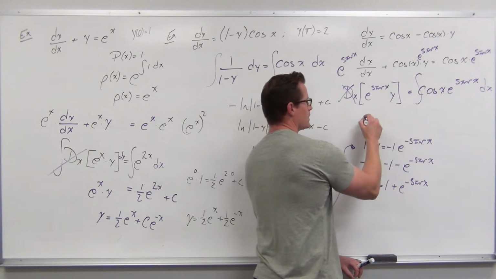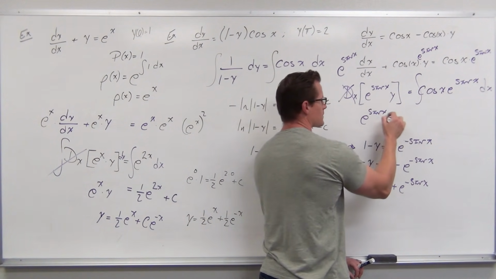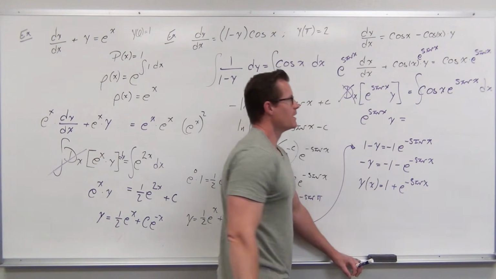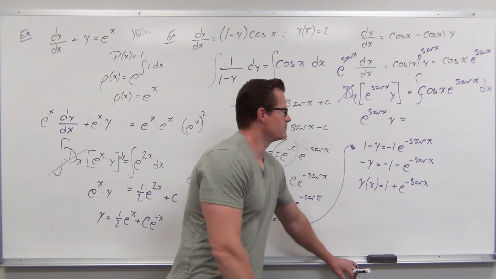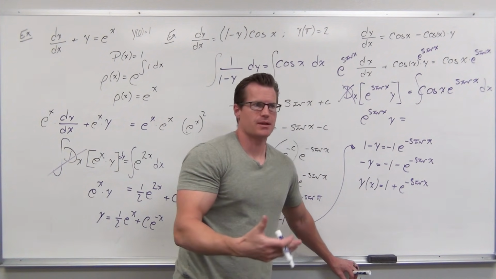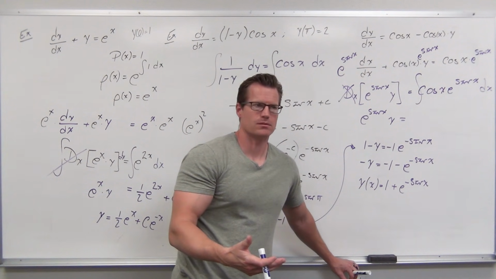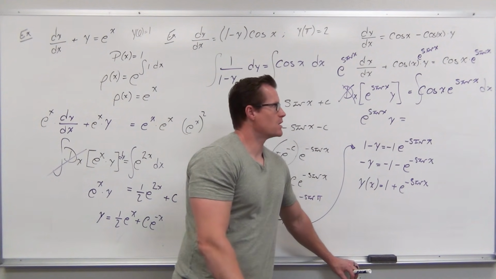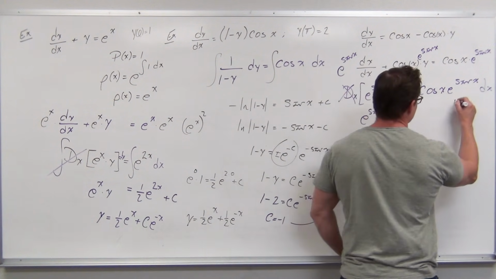with respect to x. We get e to the sine x times y equals, well, that's a U sub, and you can see already there's a lot more work here. That already introduces something that I don't really want to have to deal with if I don't have to. So you take u equals sine x.